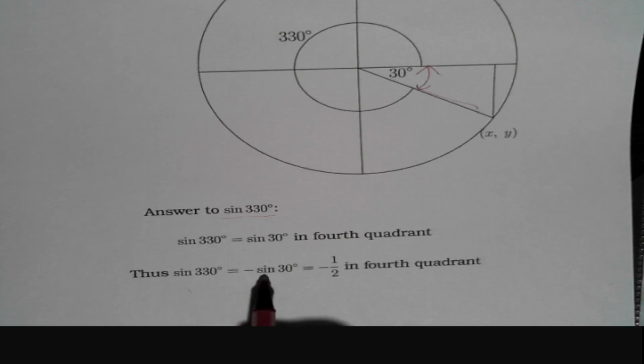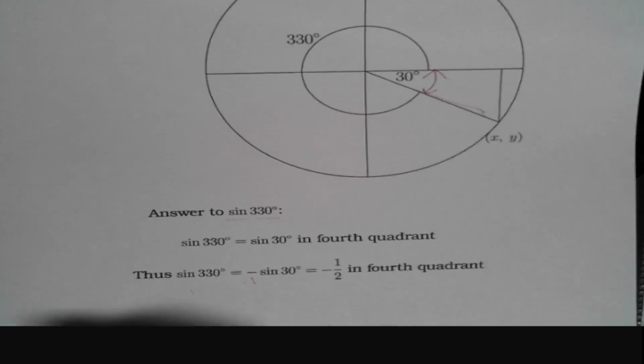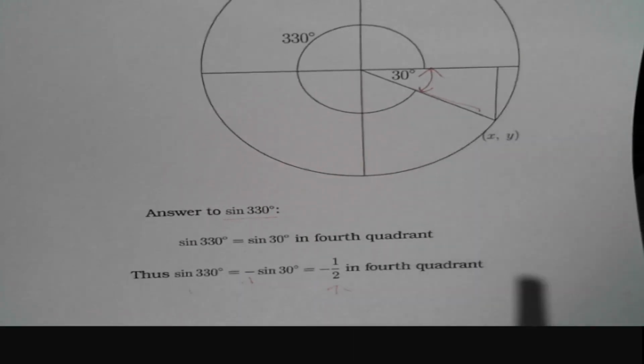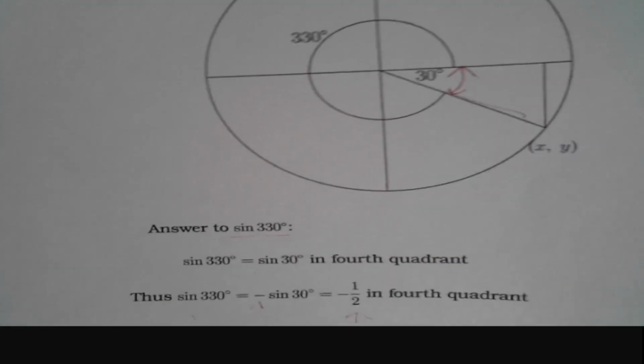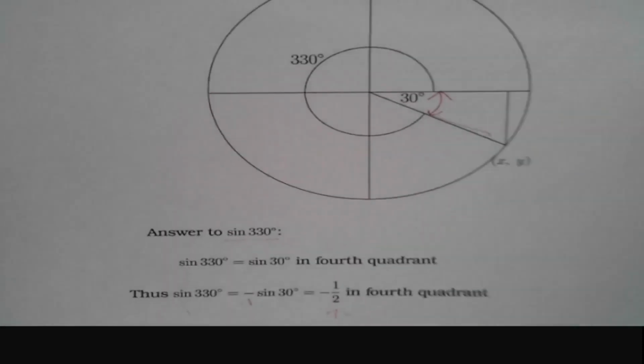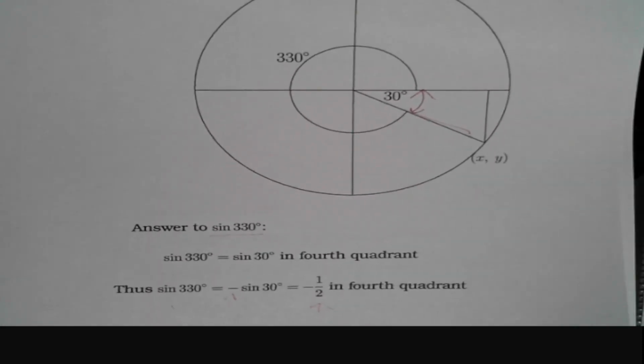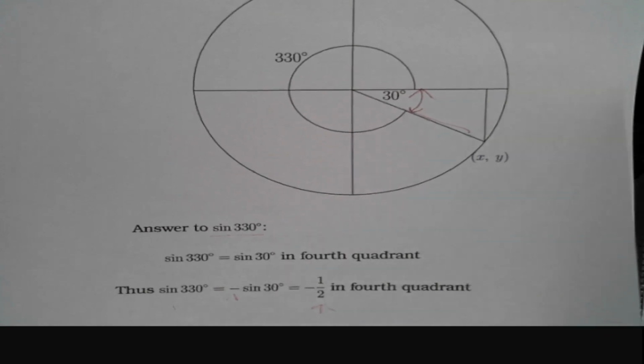In quadrant 4, the value of sine is negative. So sine 330 will be the same as negative sine 30, which is negative 1 over 2. This value also comes from the 30, 60, 90 degree triangle. You better memorize two basic triangles, 30, 60, 90, and 45, 45, 90 degree triangle.